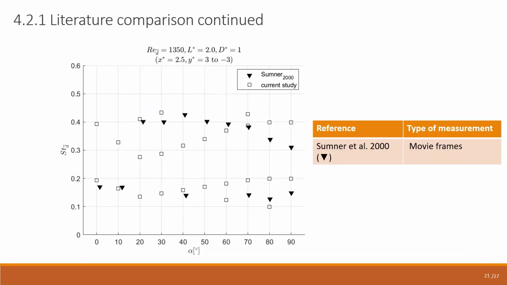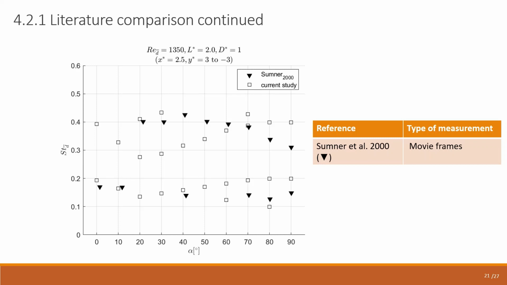Using the power spectra associated with the location of maximum power, we compare to the work of Sumner. For the angles of 0 and 10, we see good correlation for the first frequency. For 20 and 30 degrees, the first peak appears to be closer to the experimental work.